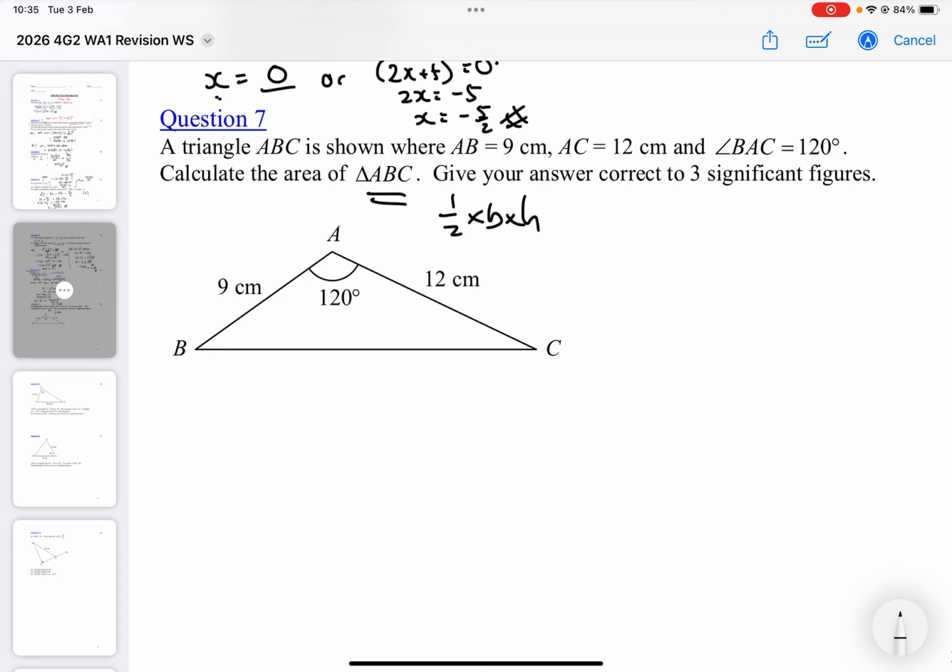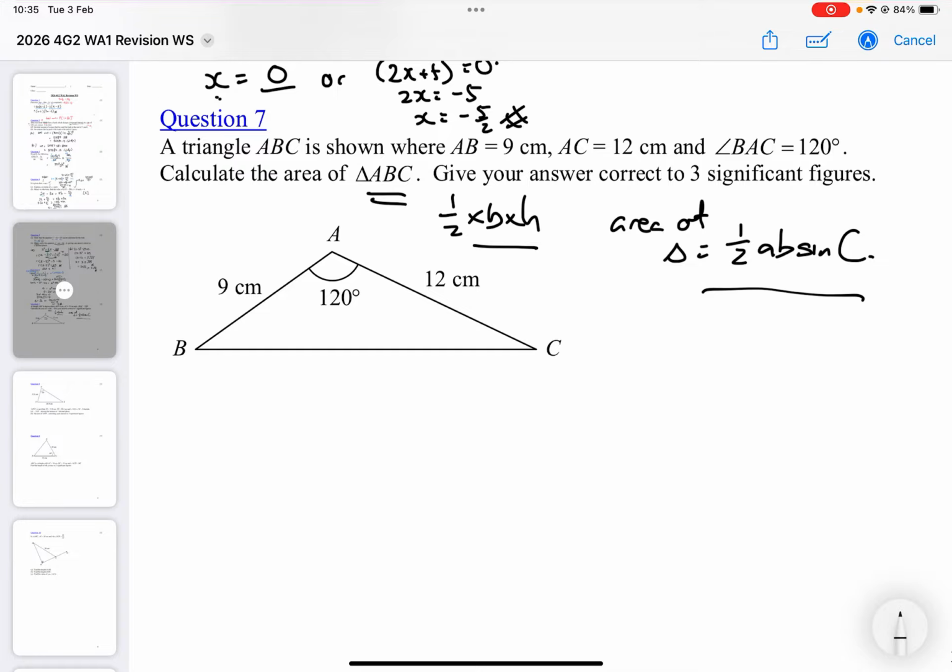The other one, if you don't remember, you go to the start of the page again, it is there. They will tell you area of triangle equals half ab sine C. So what is important about this formula, how to use it?